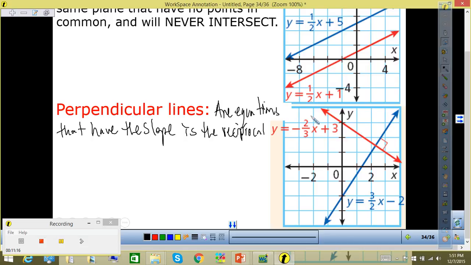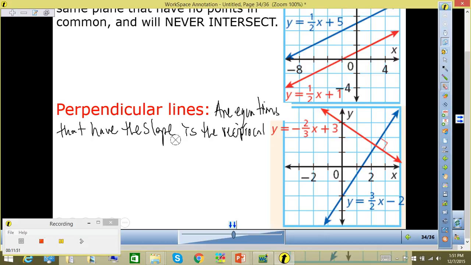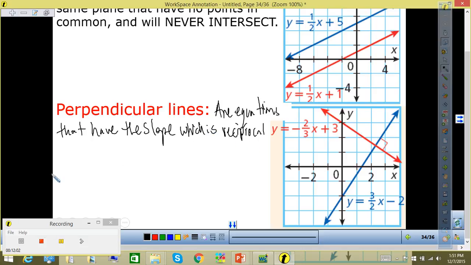Almost, right? Reciprocal what? Victor in the house. Are equations that have the slope, which is reciprocal inverse.